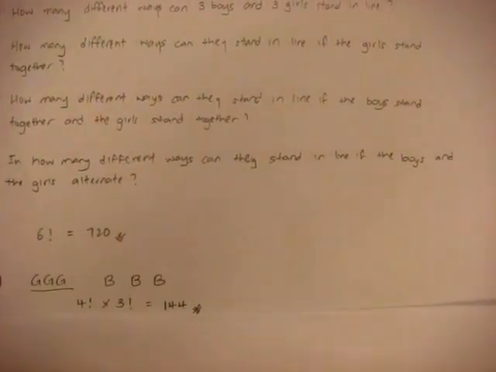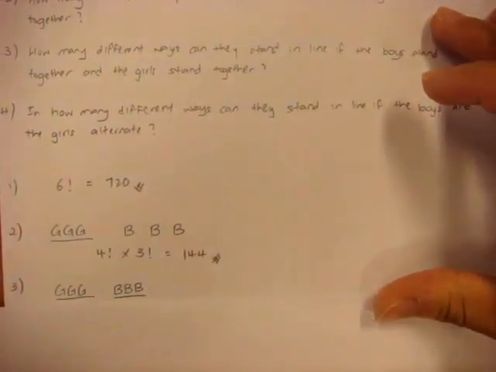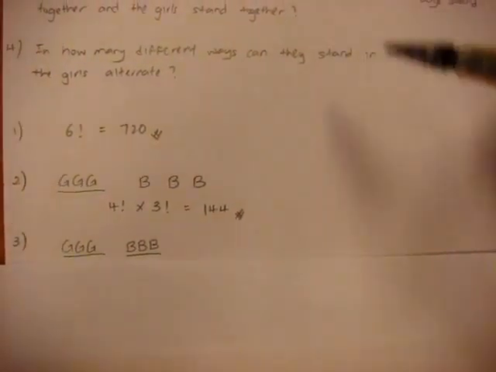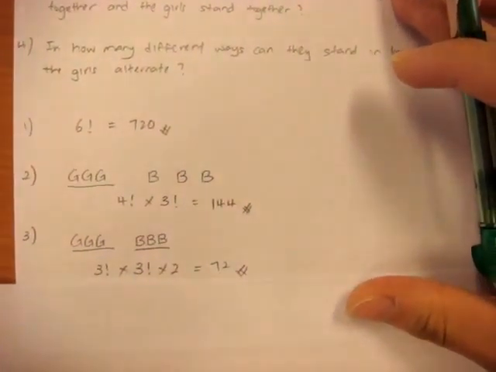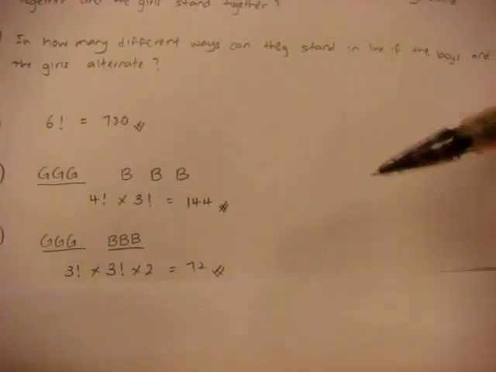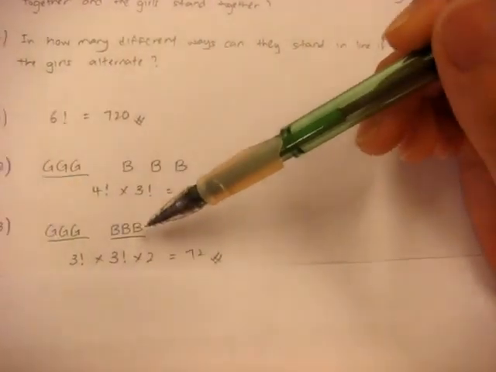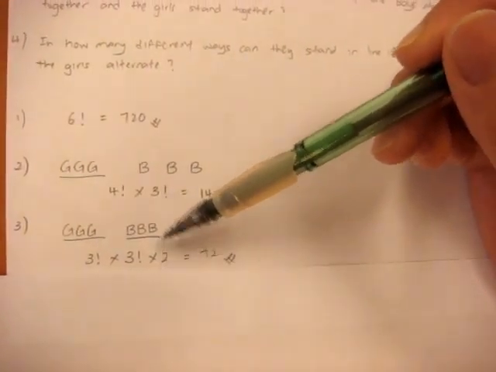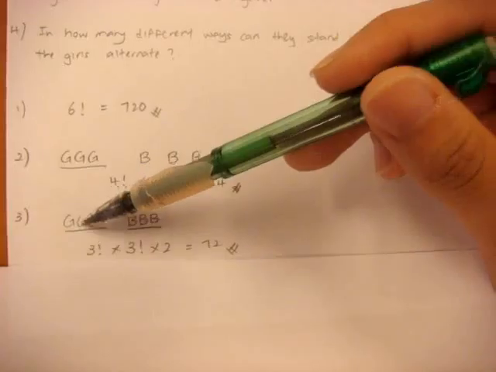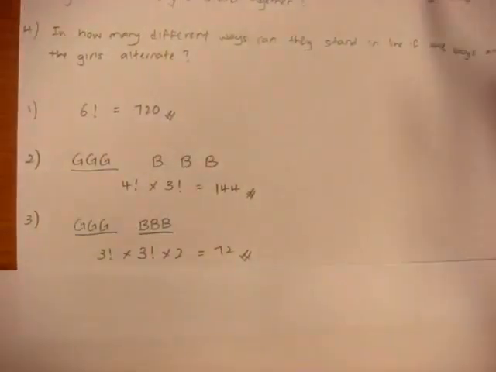The third question is, how many different ways can they stand in line if the boys stand together and the girls stand together? The answer will be 3 factorial times 3 factorial times 2, because the girls and the boys can arrange among themselves, and the boys can stand in front or the girls can stand in front, either way.